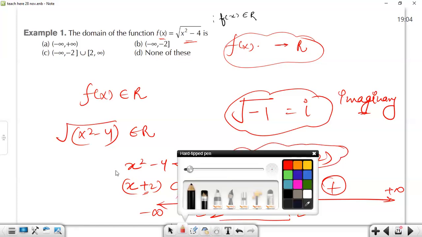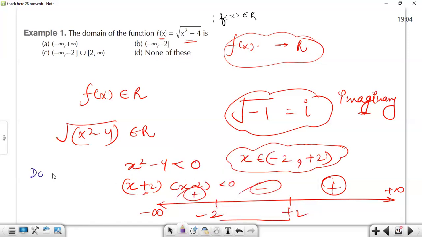So how will we write our domain? Our function is defined when this particular term is assuming a positive value, positive or 0 value, it should not be less than 0. So we can take all real values of x excluding this particular interval.